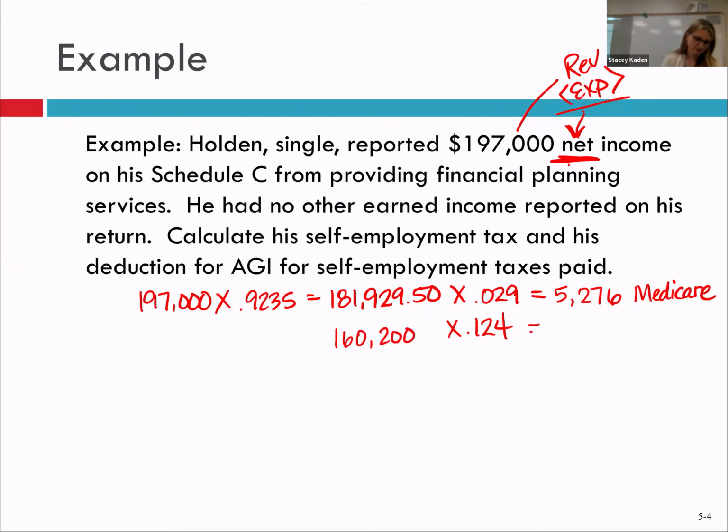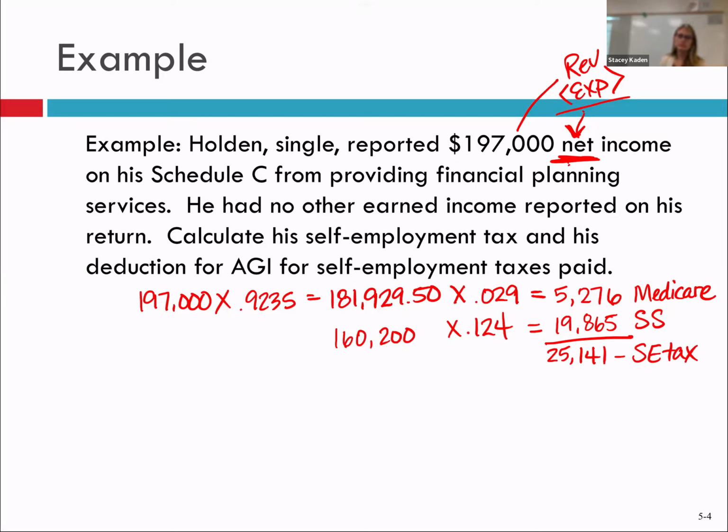No. Okay, so the maximum Social Security anyone should have to pay in 2023 is $19,865. We hit that, add those two numbers together, you get 25,141. This is his SE tax.